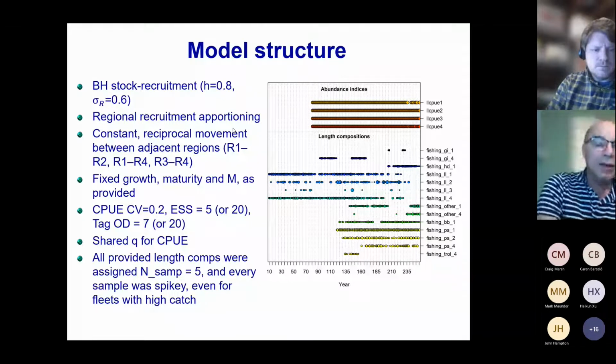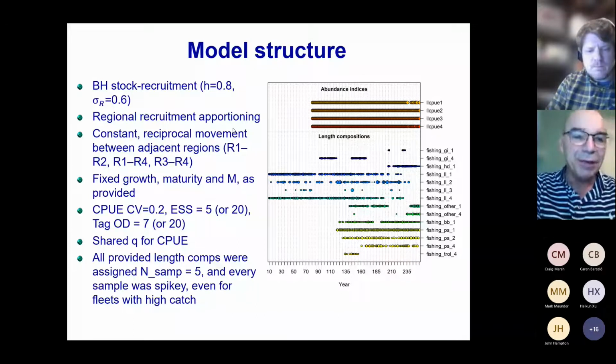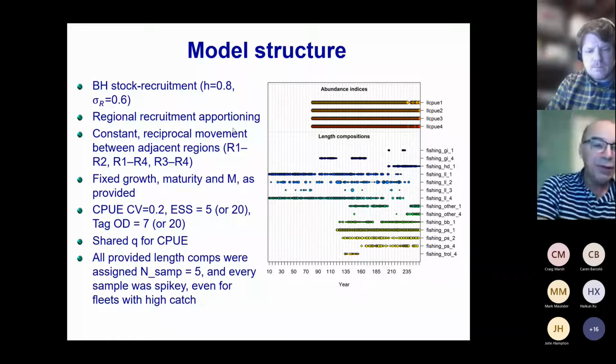And on the other hand, it's clear from just looking at the size comps, especially for the longline fishery, even though it's a substantial fishery, the length comps were very spiky. And they were almost as if the sample itself for that quarter, for that fleet, only had less than 10 fish in it.